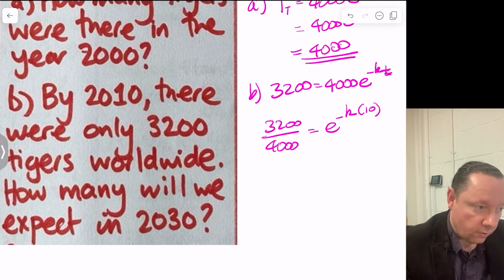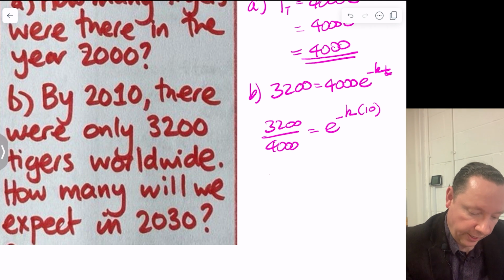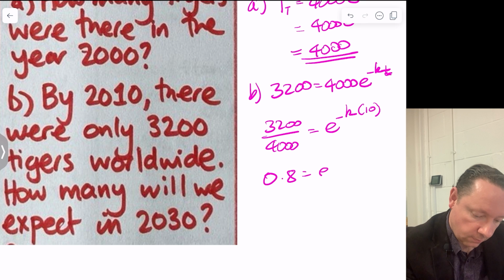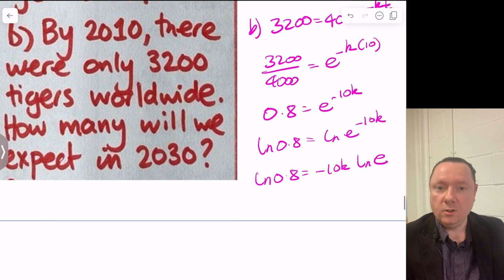So 3,200 over 4,000, you could simplify that if you want. That's 0.8 equals e to the minus 10k, and then take the log of both sides. Log 0.8 equals log e to the minus 10k. Taking the minus 10k in front then, log 0.8 equals minus 10k log e. Now log e is 1, it's base e.